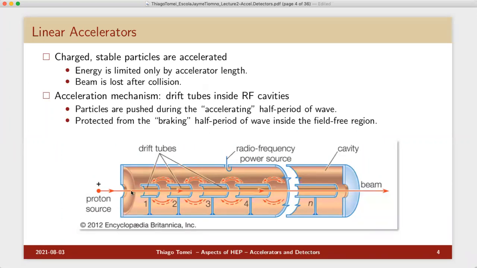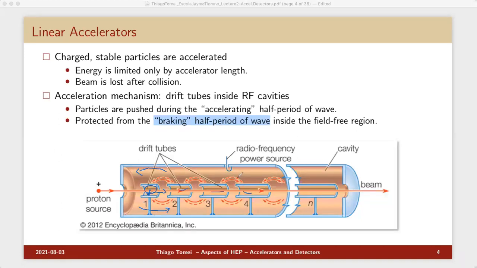So the idea is that when the braking half period of the wave comes by, the particle enters this region here, which has a conductor, such that in this small region it's essentially field free. So when the wave is going in the other direction, the particle doesn't feel it. And then the particle gets out just in time to be accelerated again. And so on and so forth.